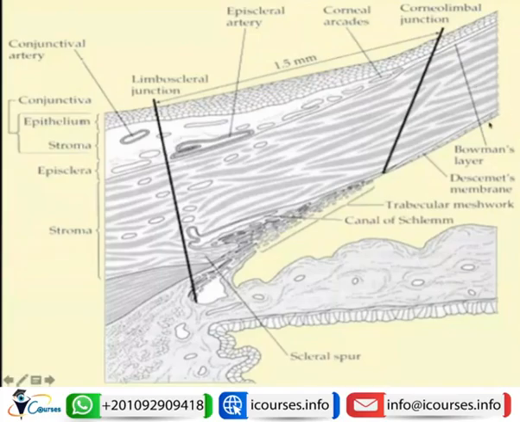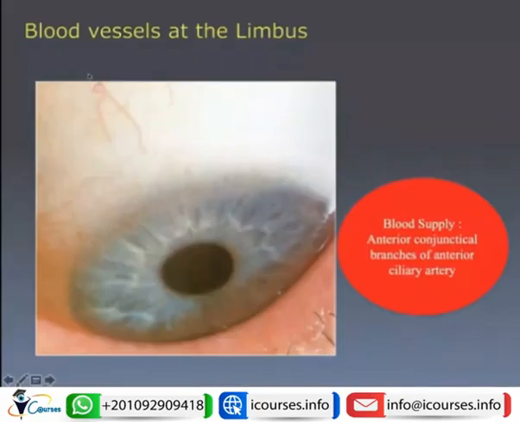Finally, the endothelium will continue as the endothelial lining of the trabecular meshwork, which is the most outer layer just adherent to the canal of Schlemm. As we said, the blood vessels at the limbus come from the anterior conjunctival branches of the anterior ciliary arteries.